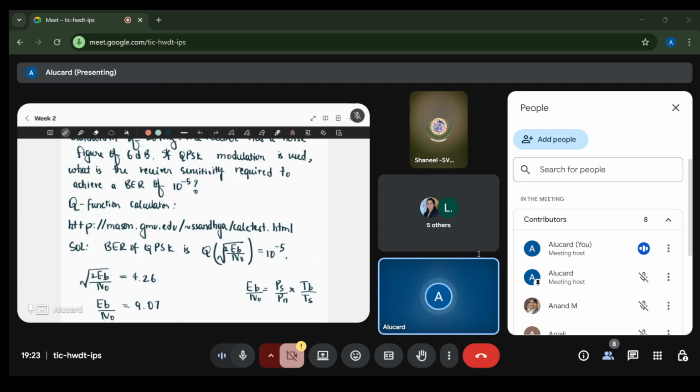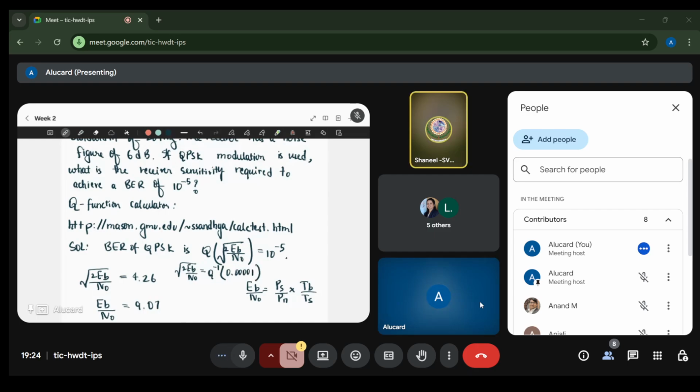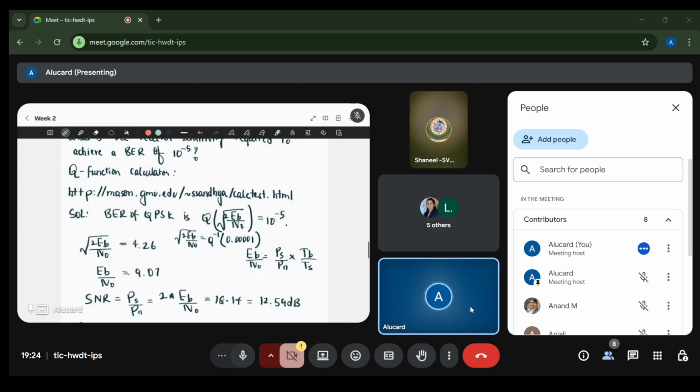Yes, you have to do inverse Q function. So square root of 2 Eb by N naught is Q inverse of 10 power minus 5, 0.00001. And then click on inverse Q function. Yes, then it will give you 4.26.